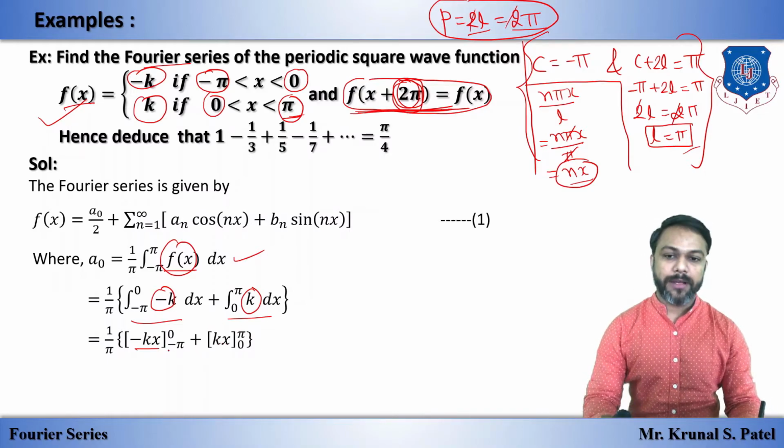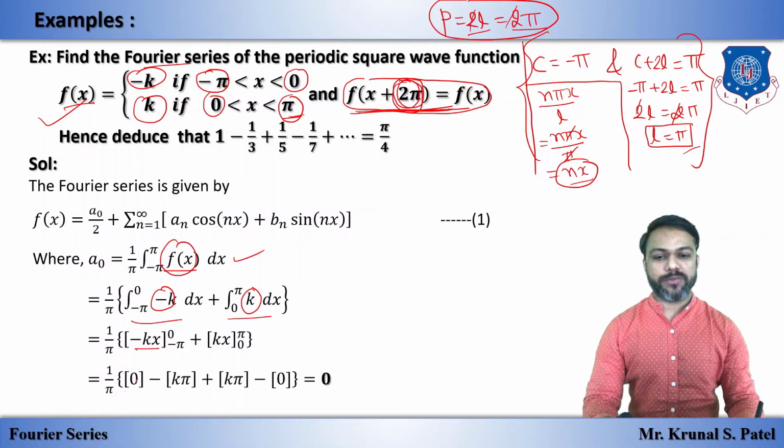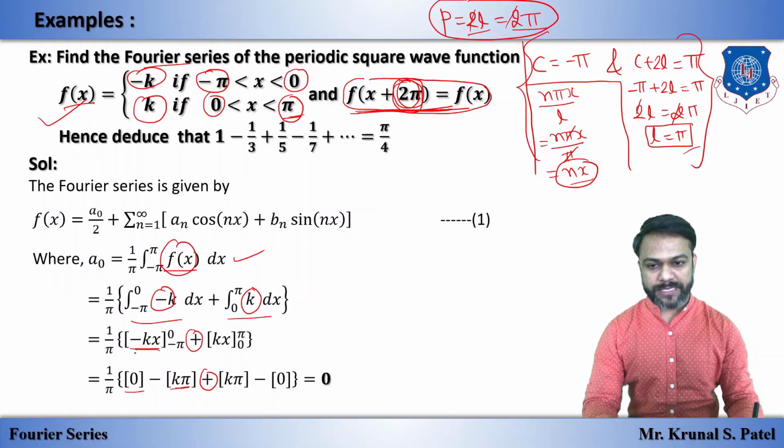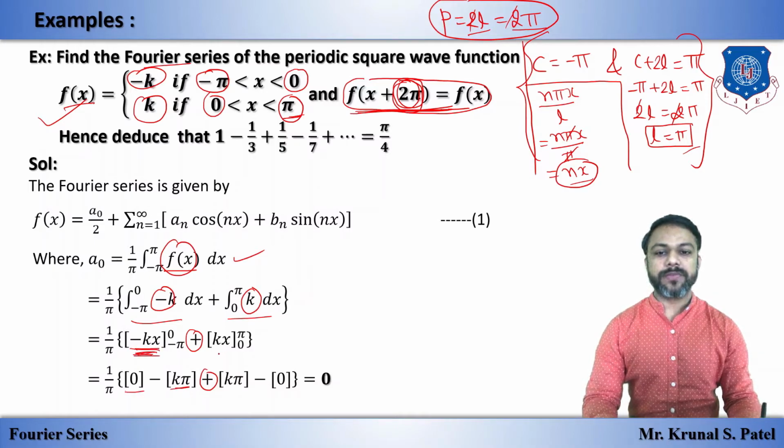So we have curly brackets: in the first box, the upper limit is 0, and if we put 0, this entire term is 0. If we put the lower limit minus pi, minus k into minus pi is k pi. Plus here, this is our upper limit minus lower limit from the first term, and for this we have the upper limit minus lower limit.